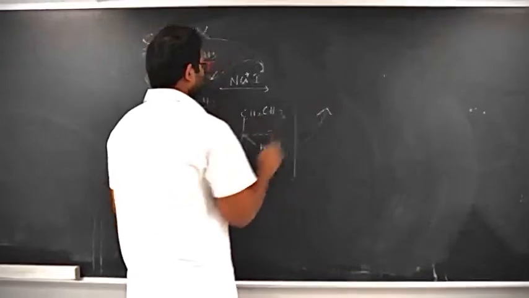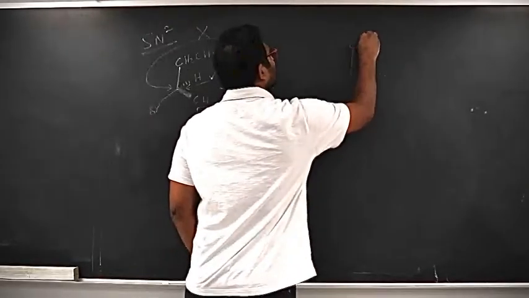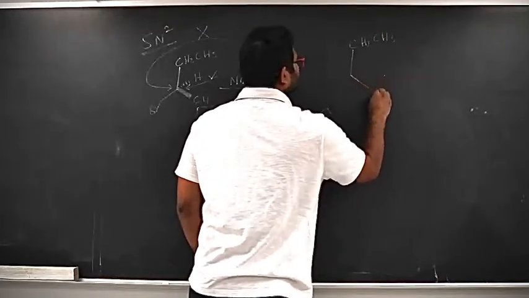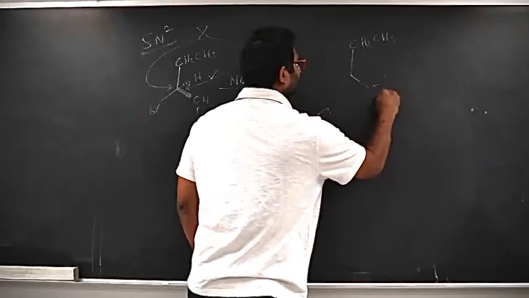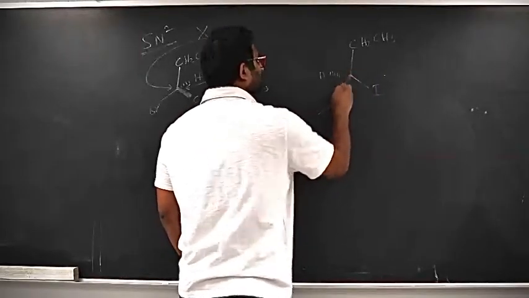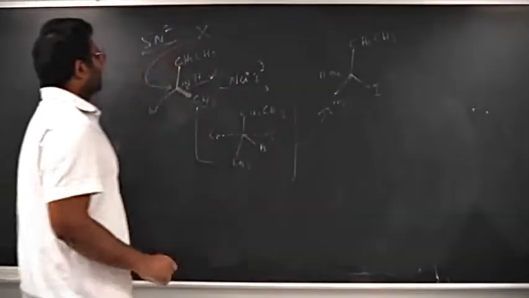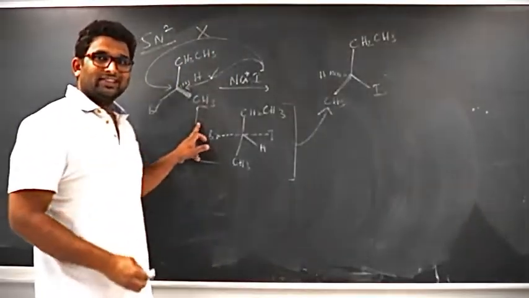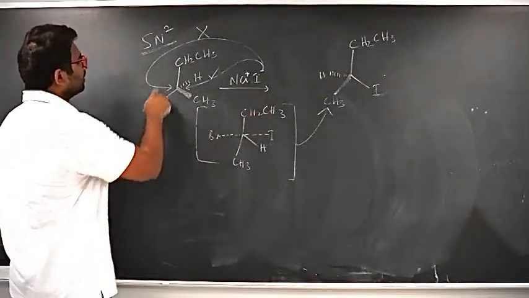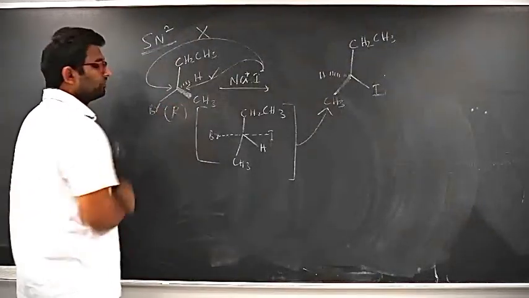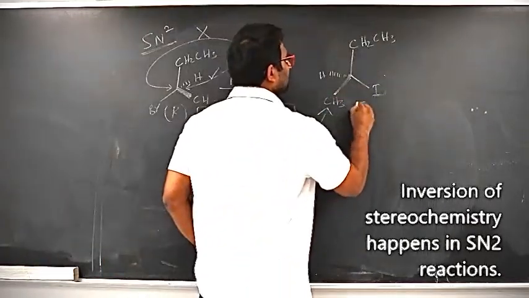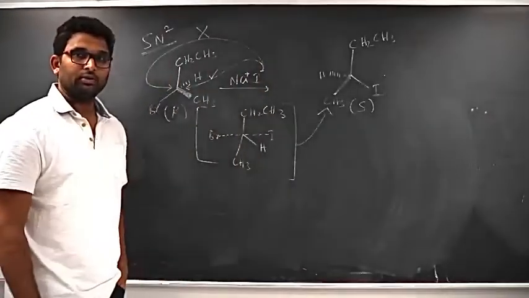Now, the product will be, if you assign RS configurations for the substrate and the product, this is an R configuration molecule, and your product will be an S configuration molecule.